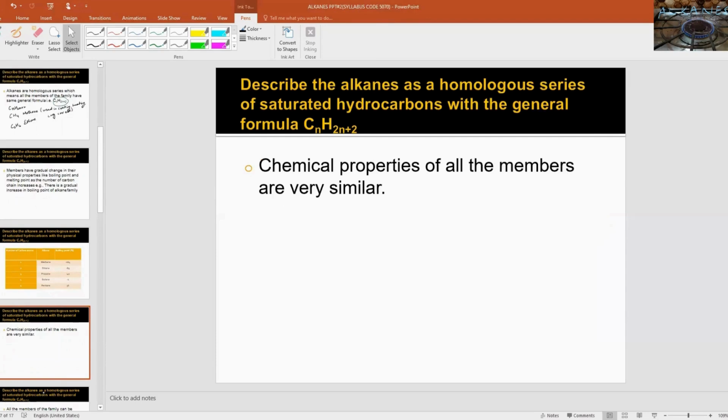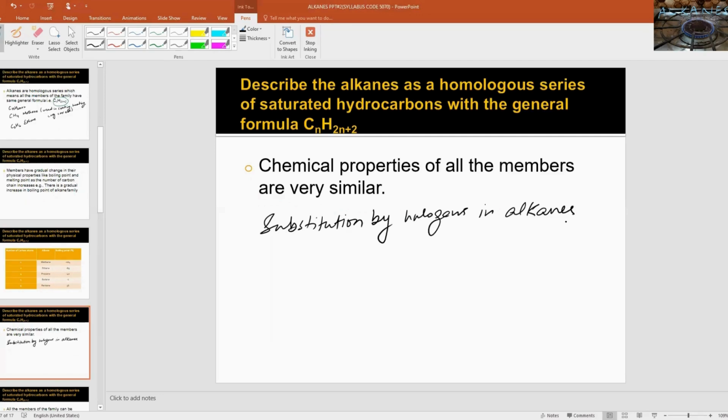Chemical properties of all the members are very similar. For instance, alkanes undergo substitution reaction with chlorine, bromine, and iodine in the presence of ultraviolet light. Substitution by halogens in alkanes. The reaction takes place in the presence of ultraviolet or diffused light.